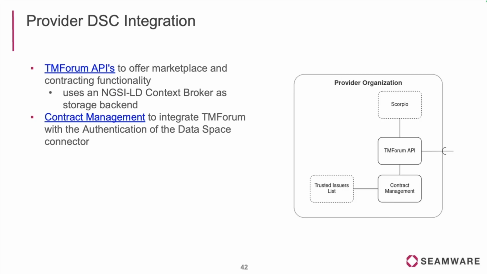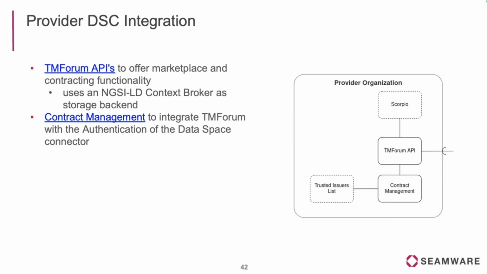The mandatory point, if you want to have marketplace and monetization in the provider, in the FIWARE Data Space Connector, are the TM Forum APIs that are deployed as part of the FIWARE Data Space Connector. And then there is another service, which is the contract management component, which is the one that is integrated with the TM Forum and the authentication layer of the Data Space Connector.